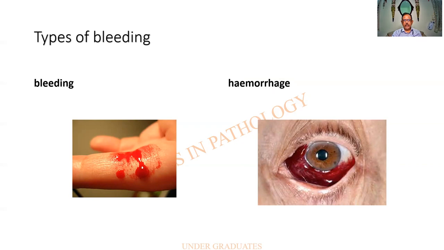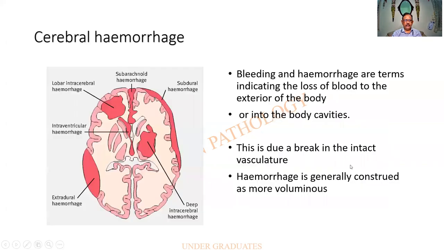However, please do understand that both the terms can be used interchangeably. Here there is a cut injury and then there is bleeding, and here I am finding an ocular hemorrhage. And this we all know, a cerebral hemorrhage. It can be because of hypertension, a subarachnoid hemorrhage, or in various other spaces, or it can be due to a rupture of an intracranial aneurysm.